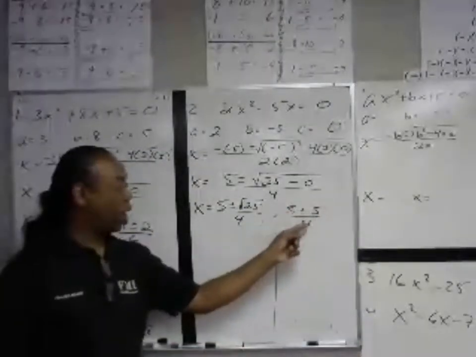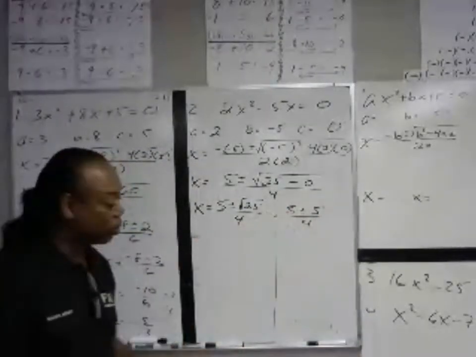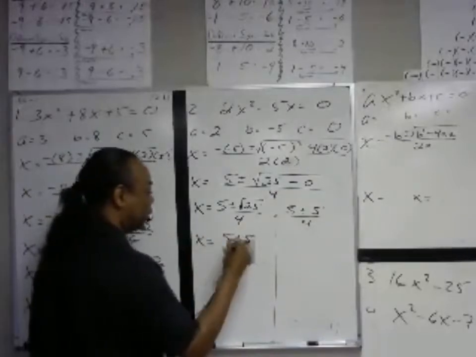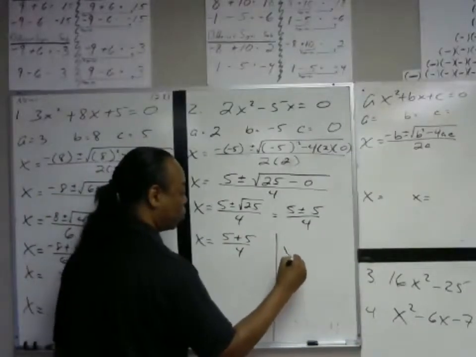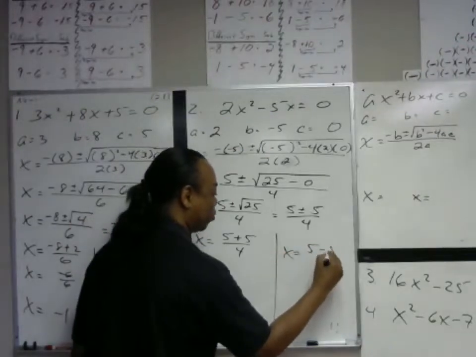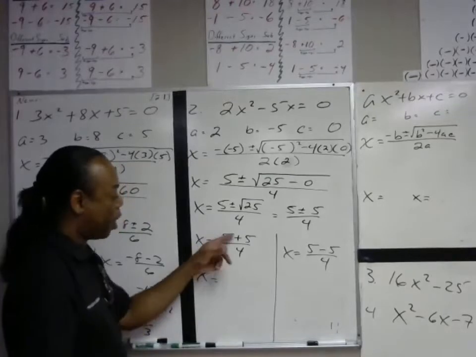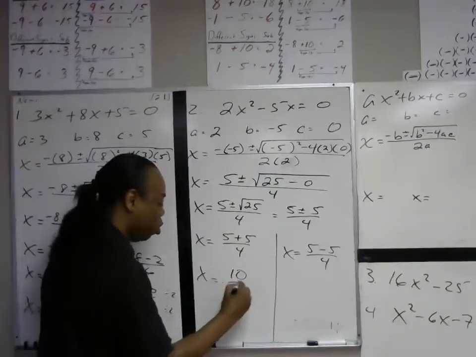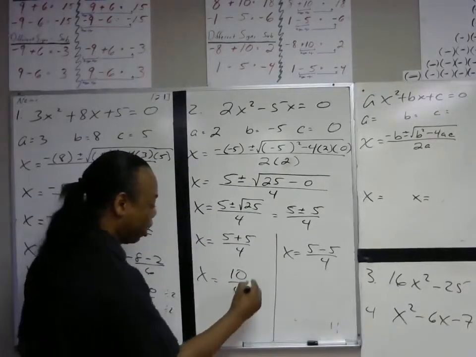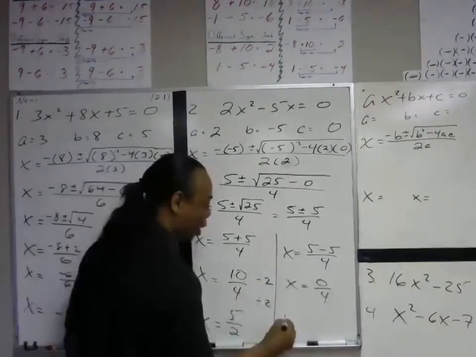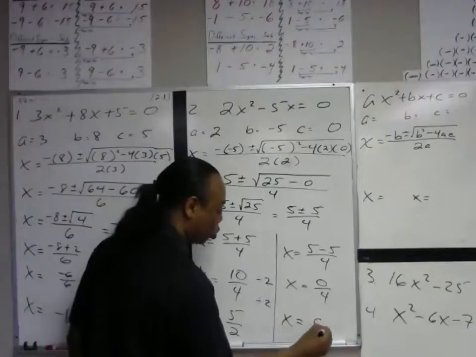Now that everything is simplified, we can go ahead and split it into two pieces. X equals 5 plus 5 over 4. And we also have x equals 5 minus 5 over 4. 5 plus 5 is 10 over 4. And we can divide both of these by 2. 5 minus 5 is 0.